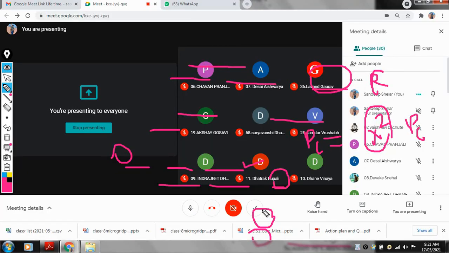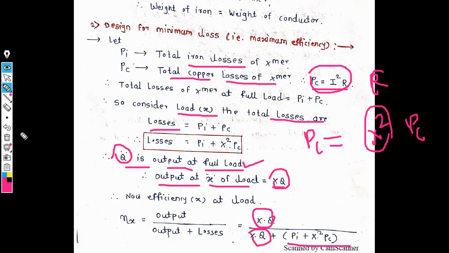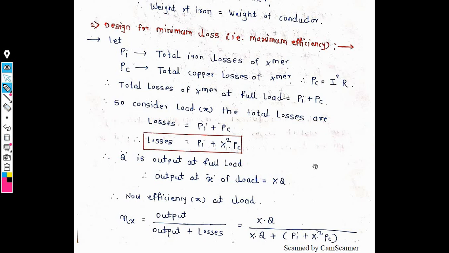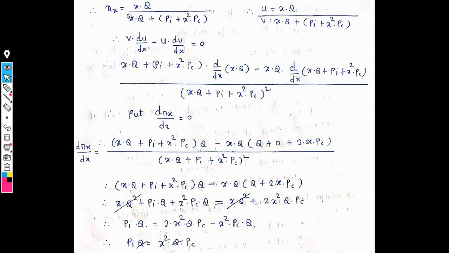Okay. Then also we have to find out minimum losses of the transformer. Next equation is minimum losses of transformer. Okay. Then eta x is equal to x into Q upon x into Q plus Pi plus x square Pc.